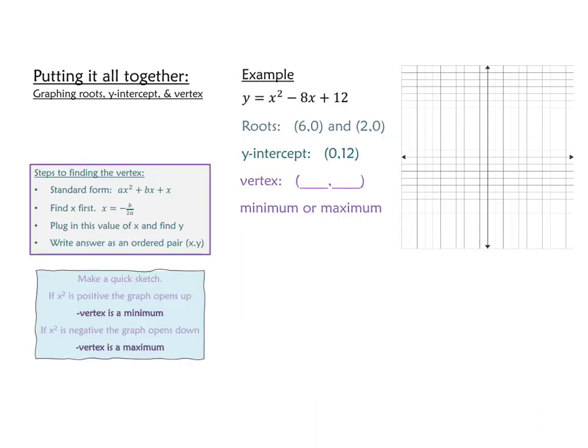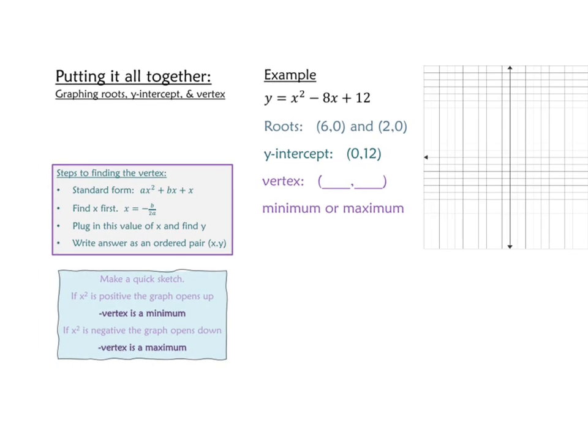Well, let's put it all together. Here's our example. We first have to find the vertex. And then we have to plug in the x value of the vertex from the formula negative b over 2a to get y.